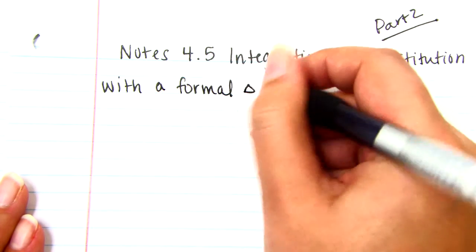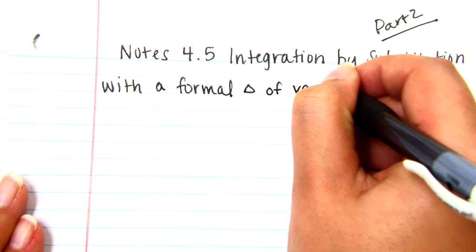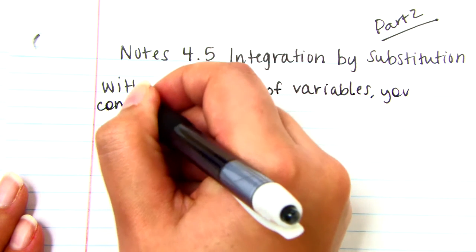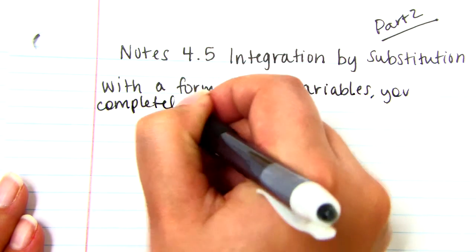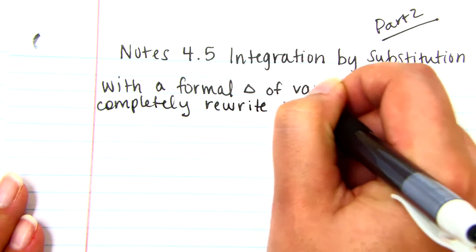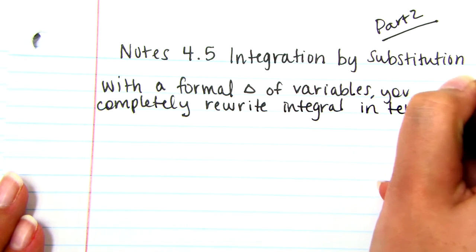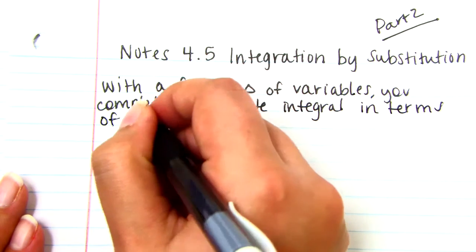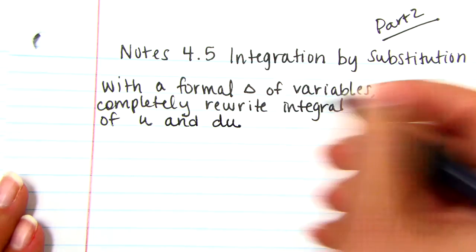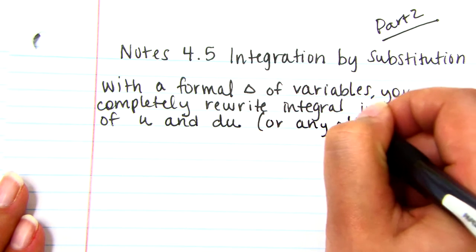So with a formal change of variables, you completely rewrite the integral in terms of u and du, technically, or any other variable.